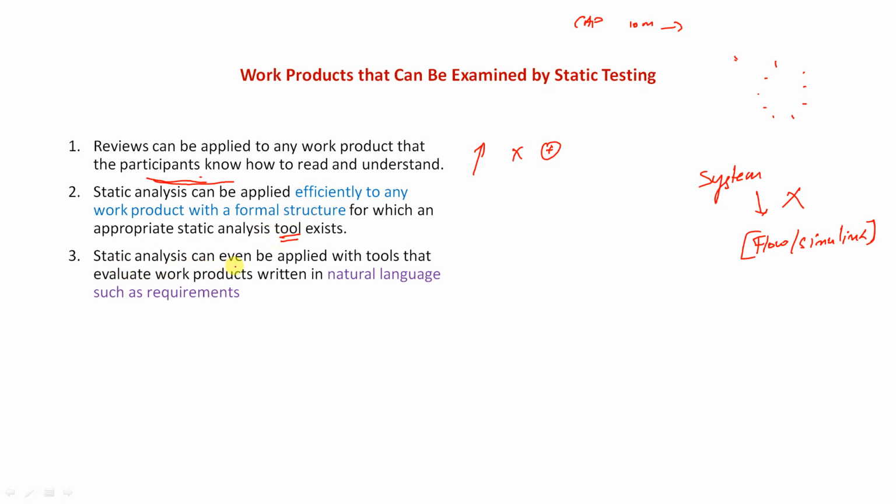Static analysis can even be applied with tools that evaluate work products written in natural language. See, this is a very important point, as we are dealing with many clients. If you are German, Swedish, Chinese, Japanese, Korean, whoever it may be, a few of them used to give their requirements in their regional language.